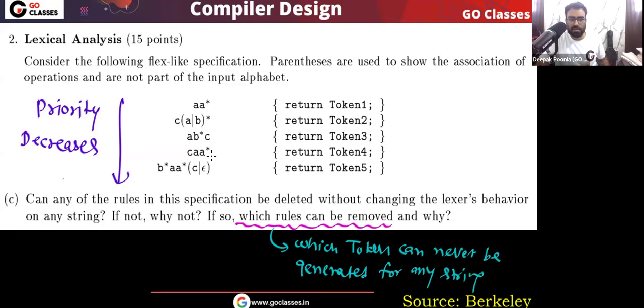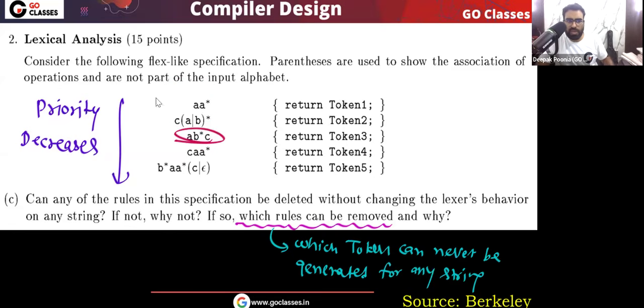Okay, so here you can see the concept is like this. Notice this. Look at this A, B star, C. Tell me, is this subset of any of the above rules? Is this A star B, A, B star C? Is this subset of any of these rules?